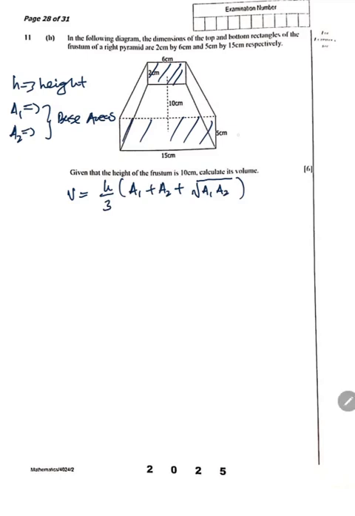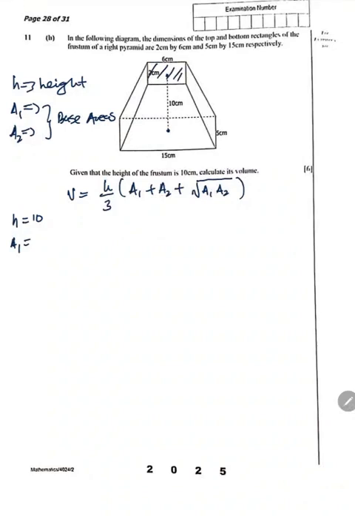So let's find the volume of this frustum. When it's given in this way, it's very easy. The height of a frustum is from there to there. You can see the height is 10. So the height h is 10. A1 is the area of this base here.